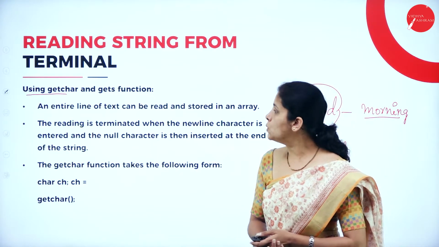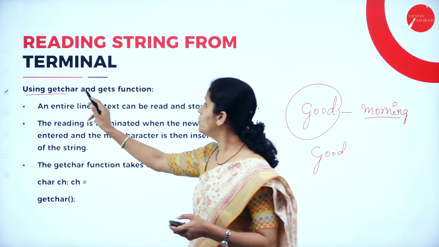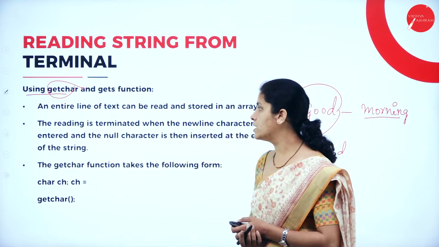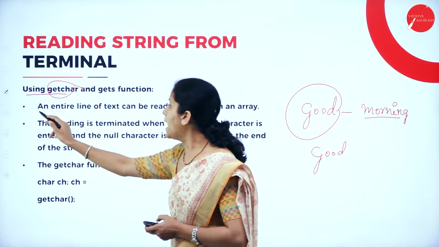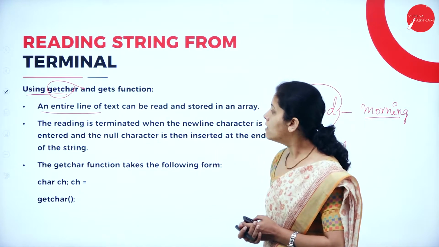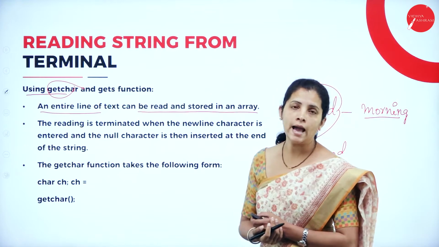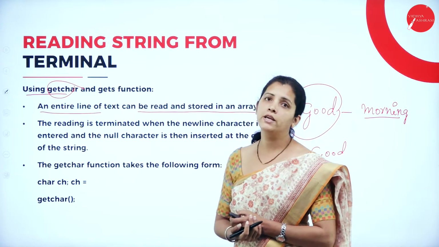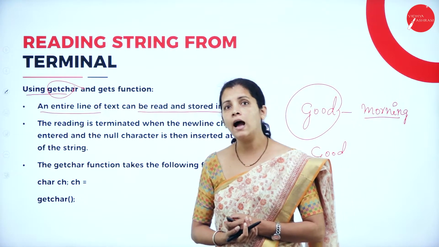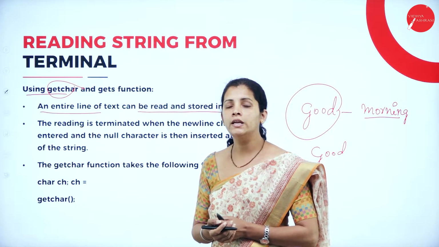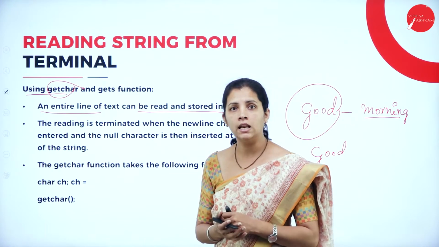In order to overcome that, we are going to have the getchar and gets functions. So an entire line of text can be read and stored in an array. That means by using the getchar as well as gets function, I can read one complete line.